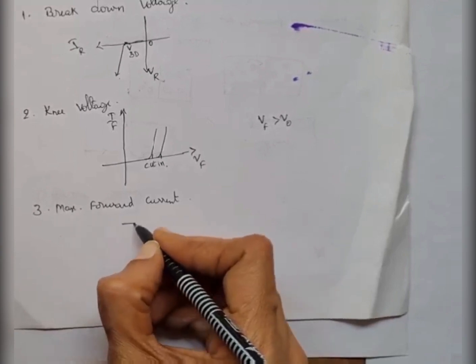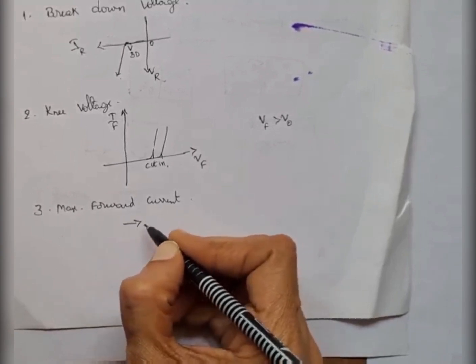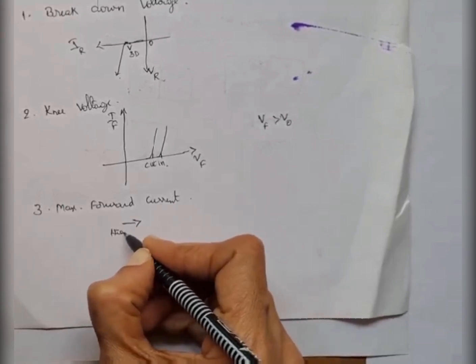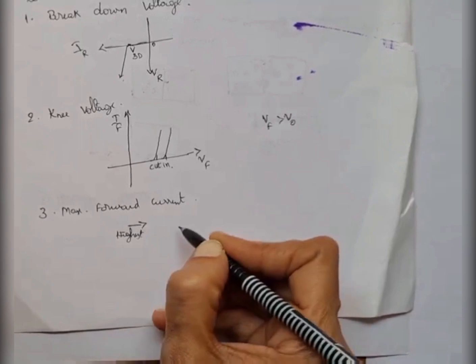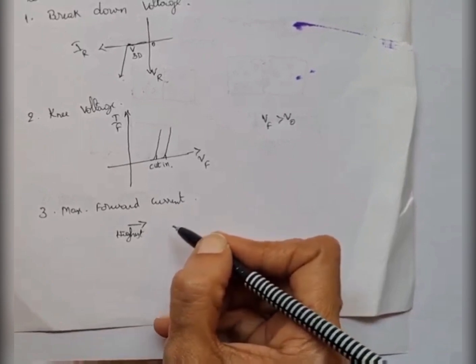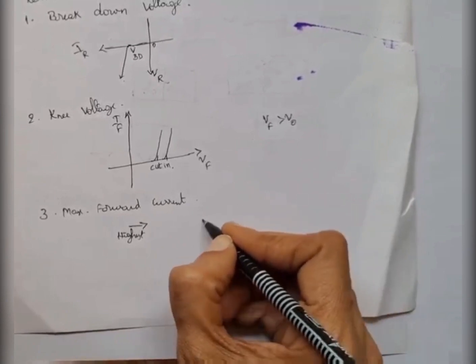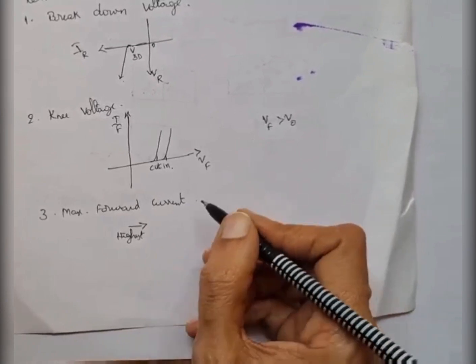So current flows through the junction without damaging it. It is the highest current. Remember this: the highest current flows through the junction without damaging the junction. If the forward current exceeds the rating, then the junction will be destroyed.